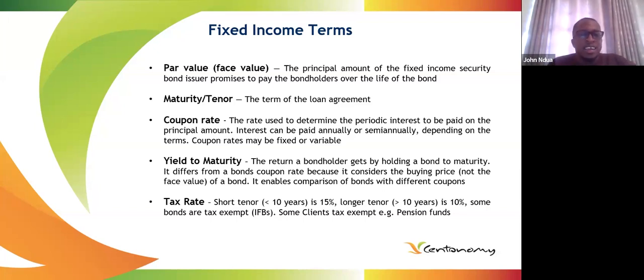That's what we call yield to maturity. And the person who is getting the bond will still be paid 10% of 100 until the bond matures. So the yield arises because of buying and selling prices, if it's higher or lower than the face value, which we discussed in the first part. That is what we call the yield.